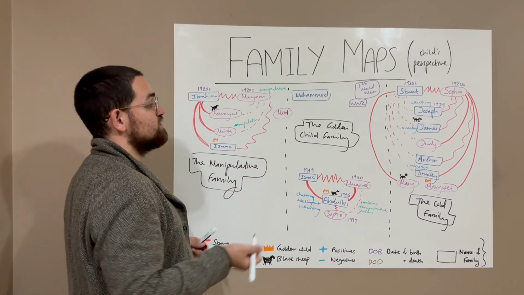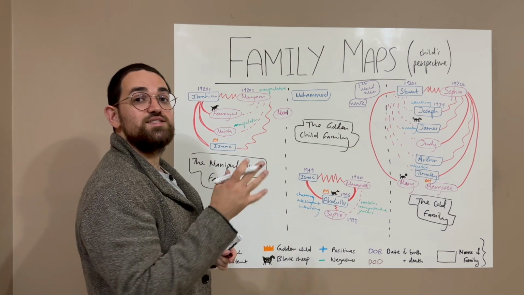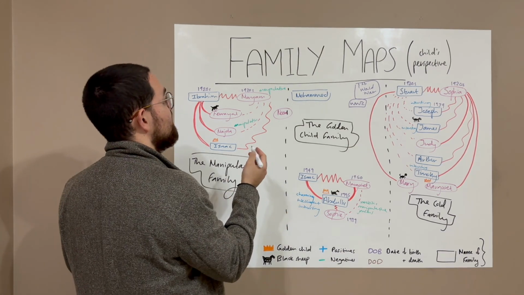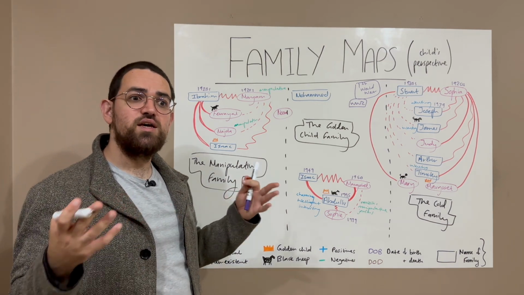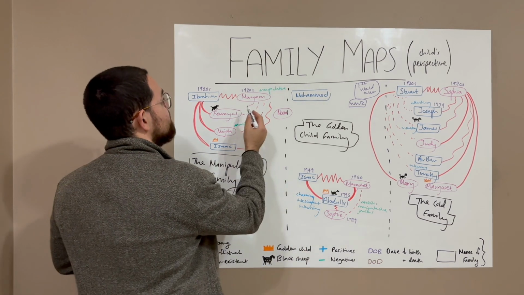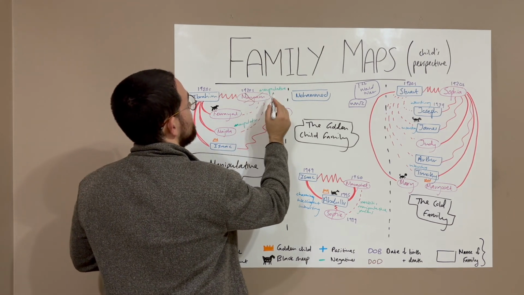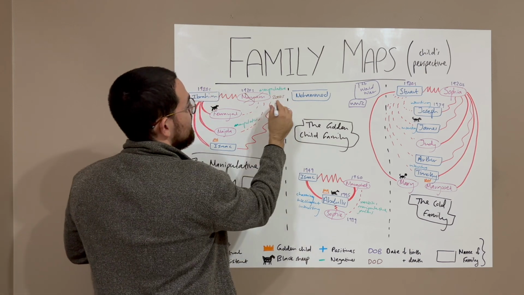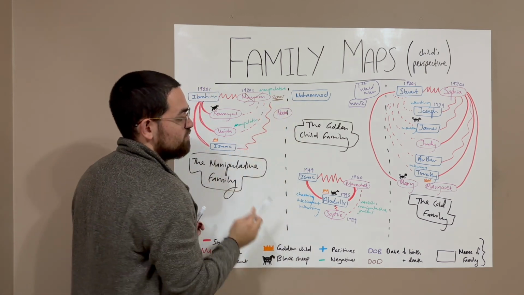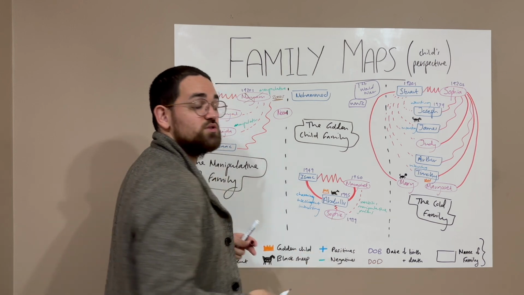And then one of the last things we want to do is we want to kind of establish the date of death of people, okay? Because this tells us when people were grieving, when things may have been especially stressful in your life. So for example, let's say Maryam passed away in the early 2000s. And let's say the early 2000s, when she passed away, was around the same time that my sister was born.